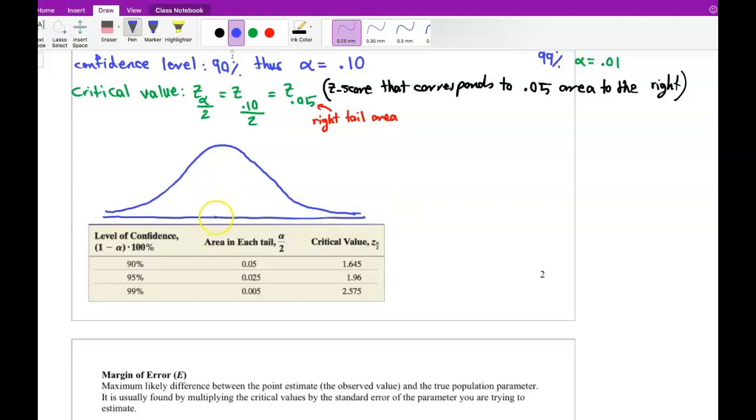Okay, so we have this one. If you remember, in between z is 0. Then on the left side we have negative z score, and here is positive on the right side. Now what I have here is the confidence level is 90%. So here we have 90%.